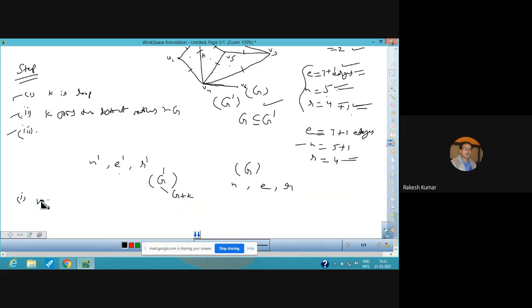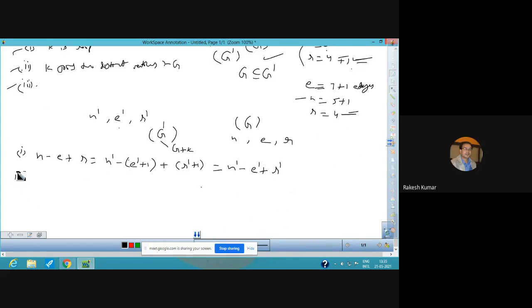In case number 1, n minus E plus R: n is the same, n dash, E has been increased, so E dash is E plus 1, and R has also been increased, R dash is R plus 1. Just see, 1 is added here and here too, but adding 1 to the minus term makes it minus and to the plus term makes it plus, so it becomes the same: n dash minus E dash plus R dash.